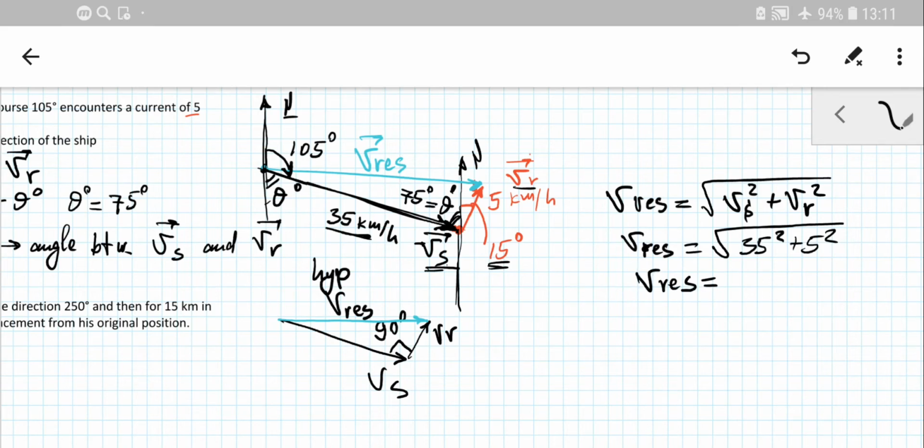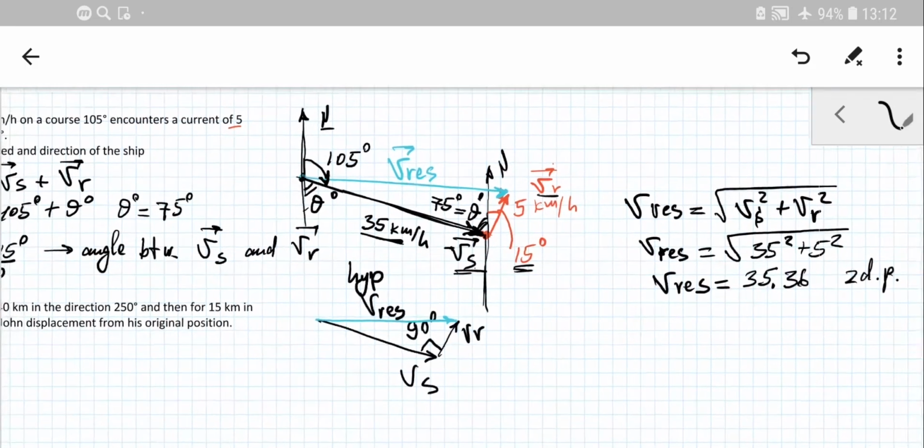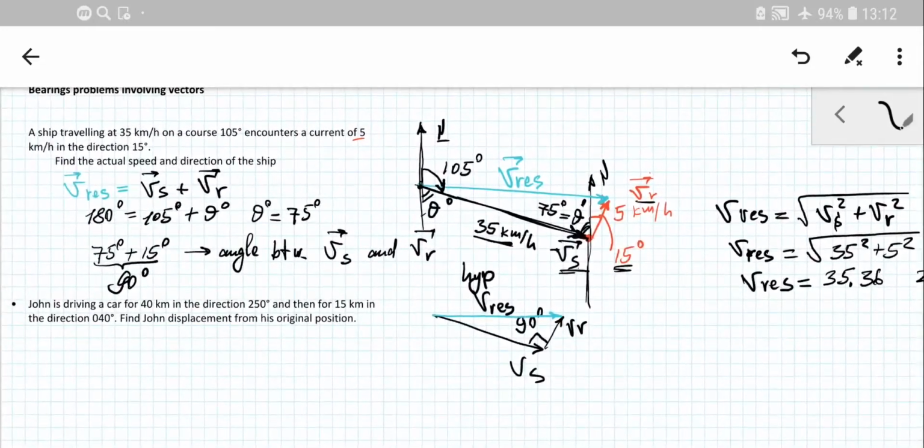The resultant vector is the square root of 35 squared plus 25, which is 5 squared, and we've got around 35.36 to 2 decimal places. So we found that the resultant vector is slightly more than 35, and it's the hypotenuse, so in full correspondence. But that's the actual speed, so we defined the actual speed, but we also need to define the direction.